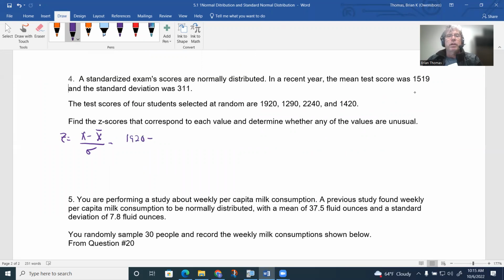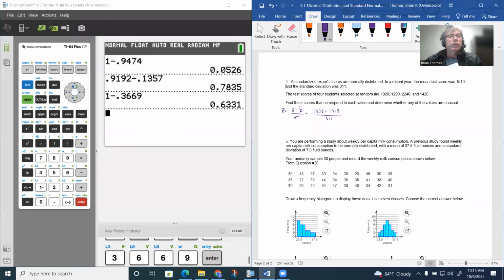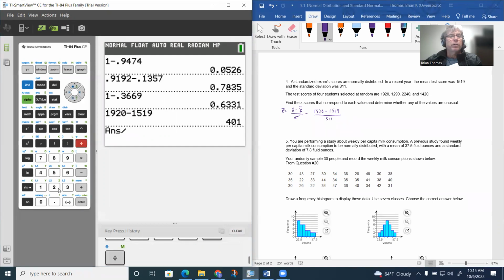I want to subtract from it the mean, which was 1519, and then divide that by the standard deviation, which is 311. So if we slide that over, I have 1920, subtract the 1519, and get that answer, then divide that by 311.